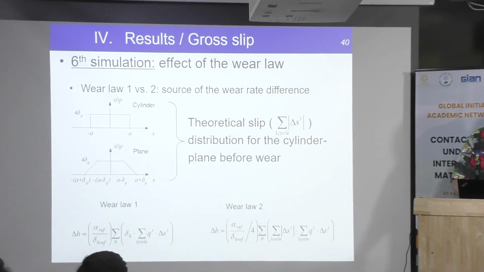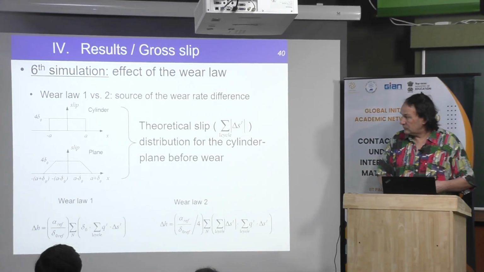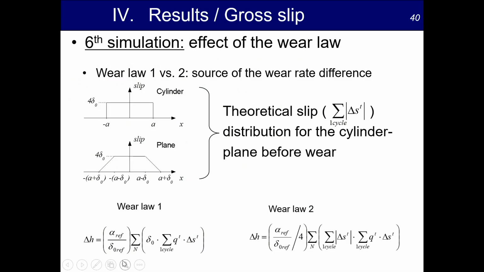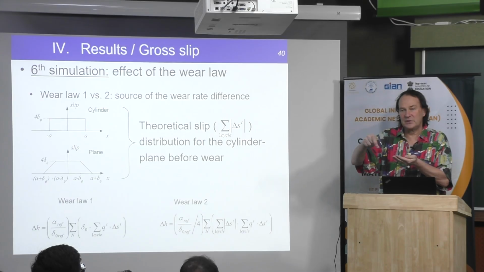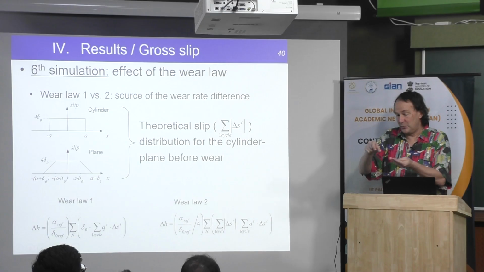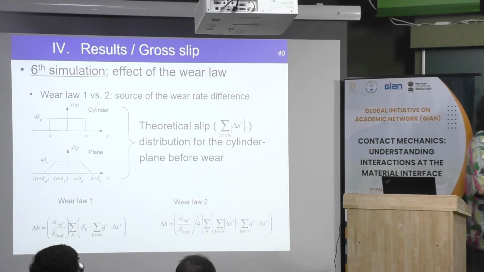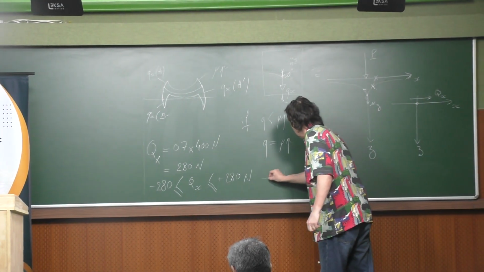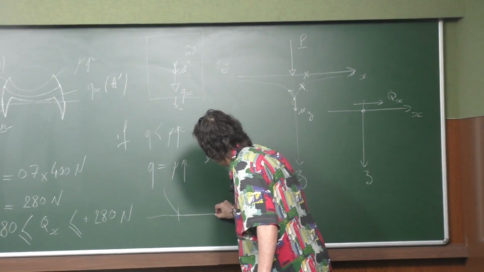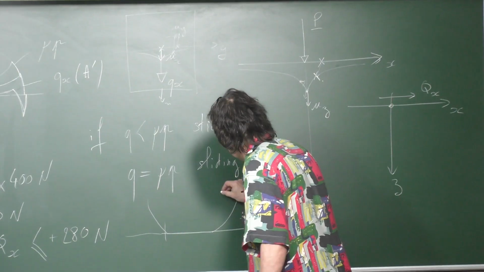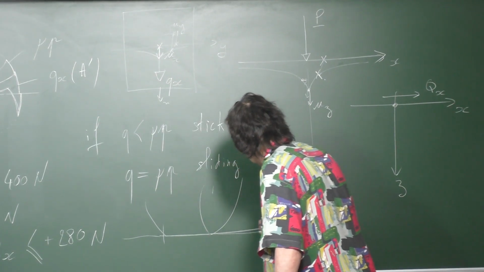I will skip this one. Just a few details, because the cylinder, in fact, you have always the same surface which is in contact with the plane. Then you wear always the same elements. For the plane, this is the plane, you have a contact which is coming from here to here, and then at the end it can be from here to here.